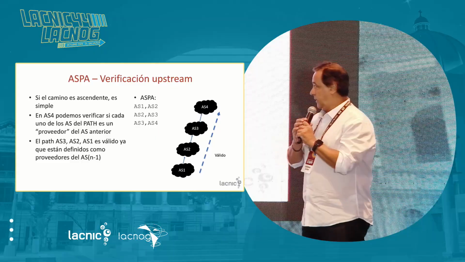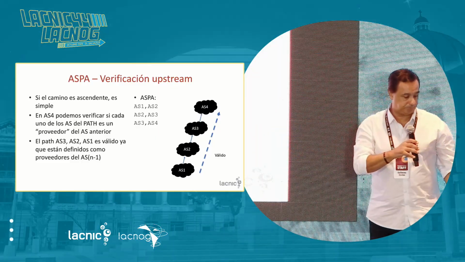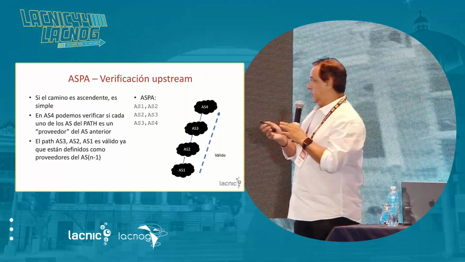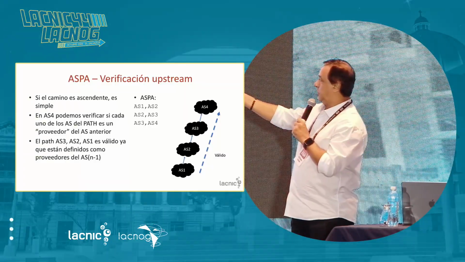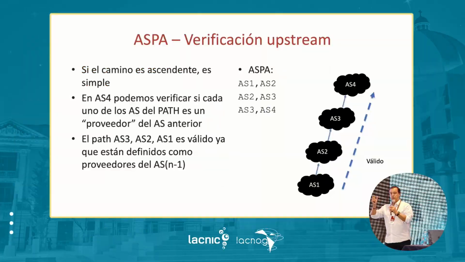So, for example, right here, we can see AS1. AS1 will say that AS2 is the provider, AS2 will say AS3 is the provider, and AS3 will do the same with AS4. So they are creating a chain with those peers, with those links.